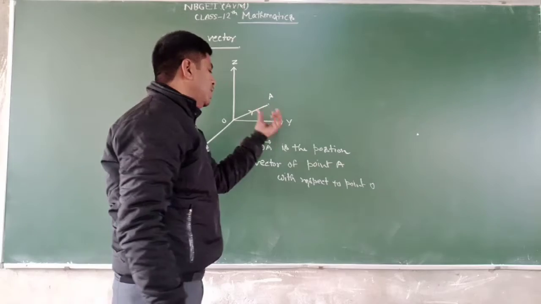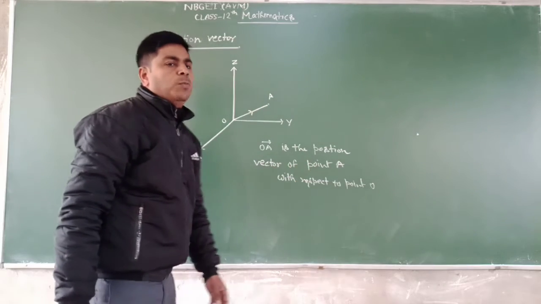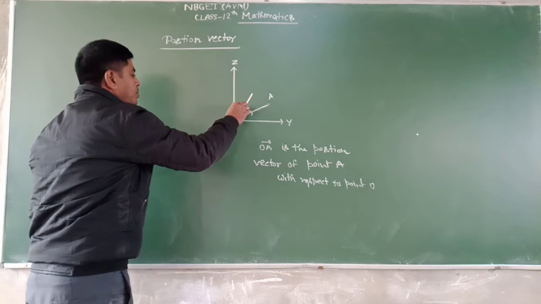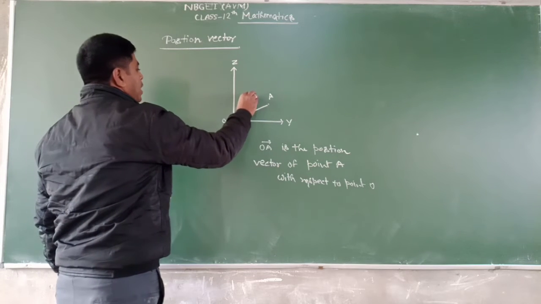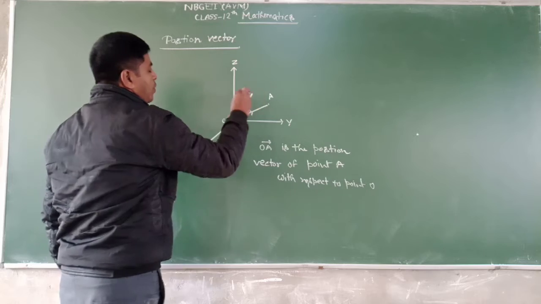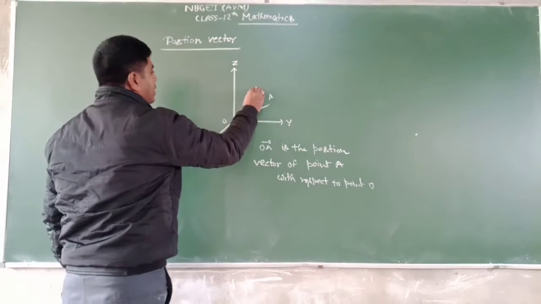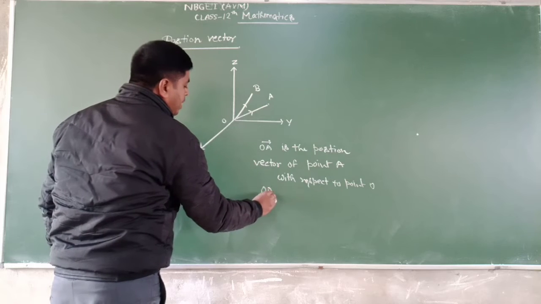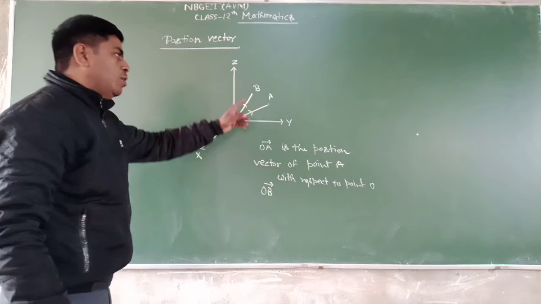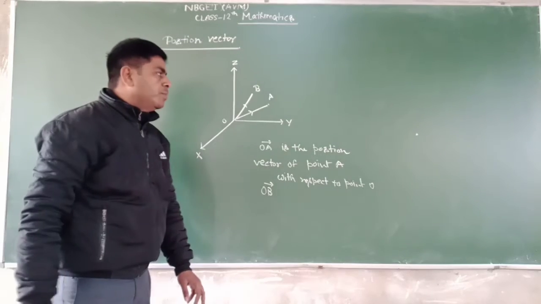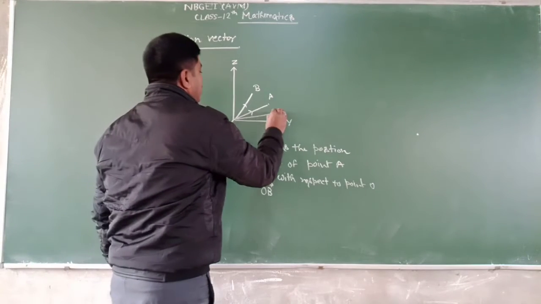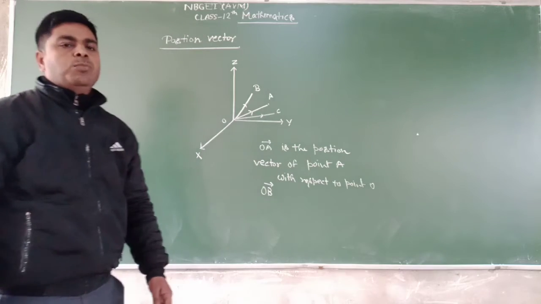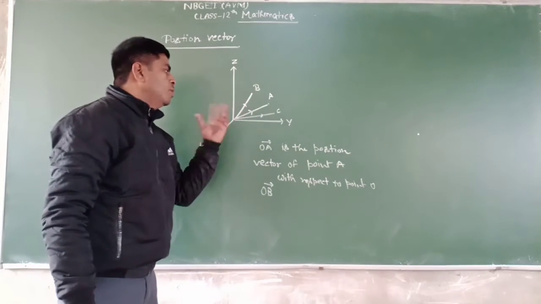So OA vector is the position vector of point A. Similarly, we can define the position of other points also. If there is a point B, then OB vector is the position vector of B with respect to O. If we have OC, then OC vector is also a position vector with respect to O.